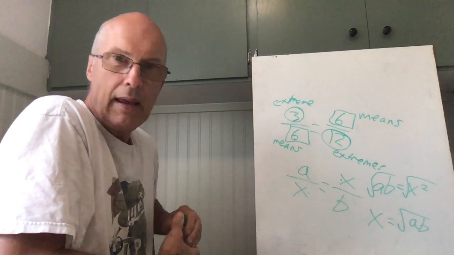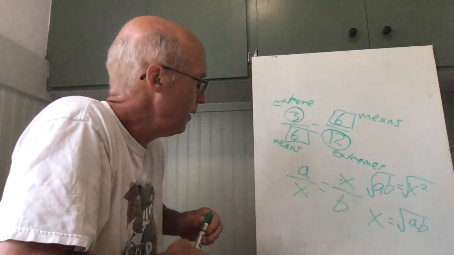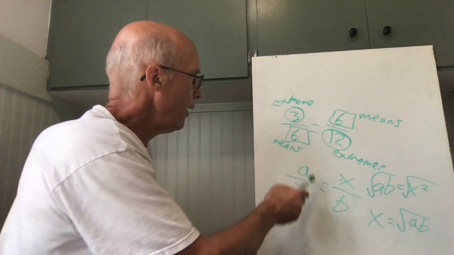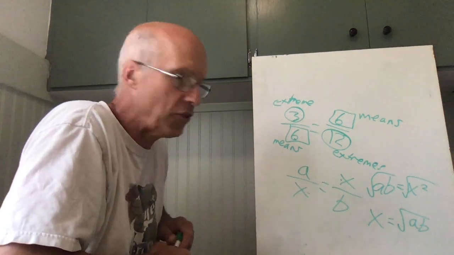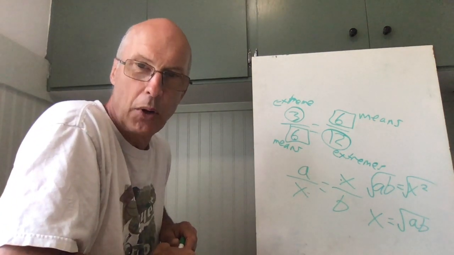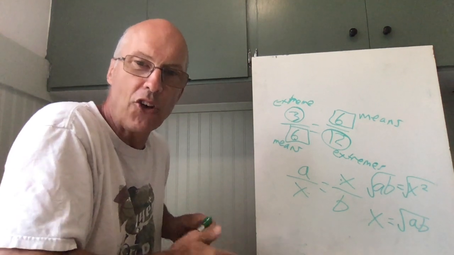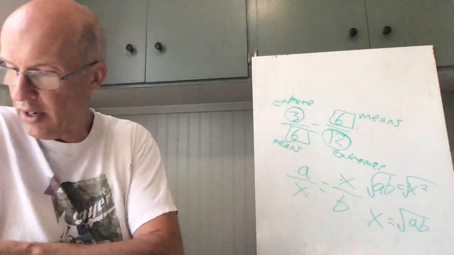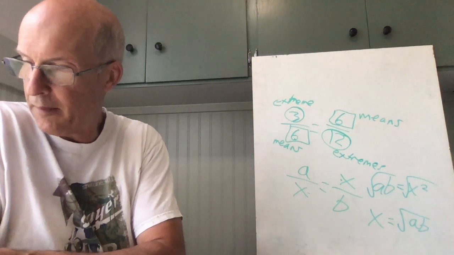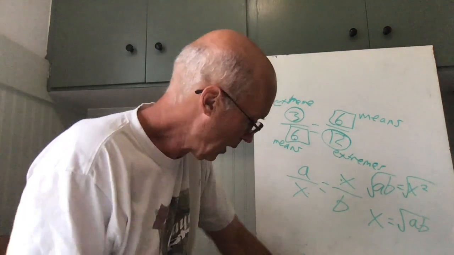So anytime you want to find the geometric mean of something set up like this, you multiply the extremes and then take the square root of them. All right, so there's your algebra foundation. Now let's launch into what this has to do with right triangles. So let me erase this.